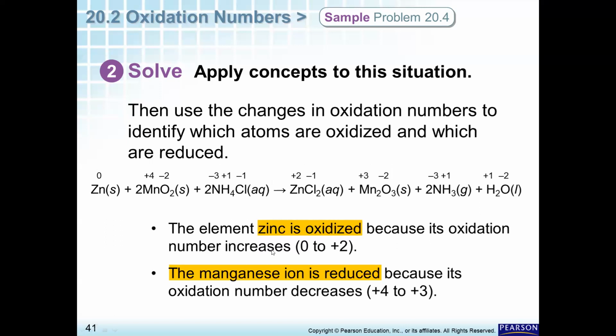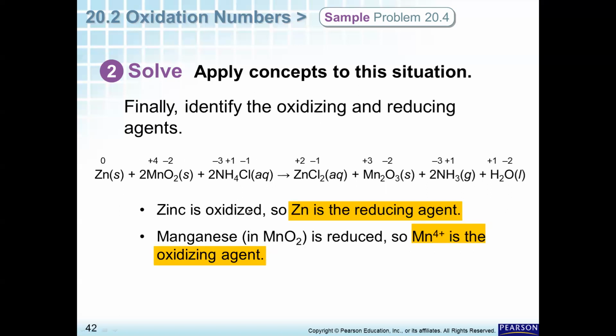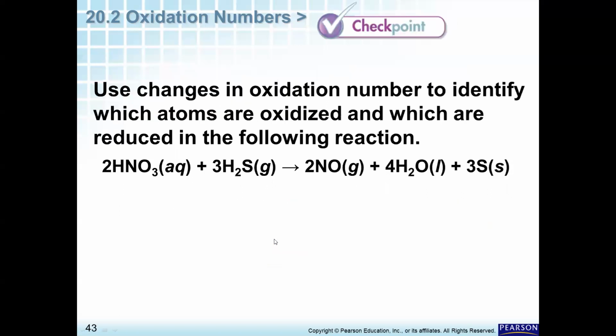So zinc has been oxidized because its oxidation number has gone from 0 to 2, and manganese is reduced. Use the change in oxidation number to identify which atom is oxidized and which one is reduced.